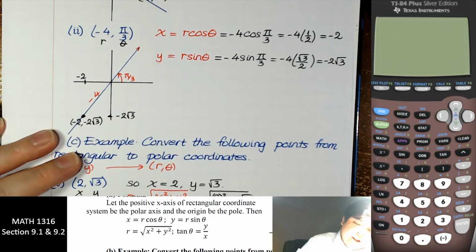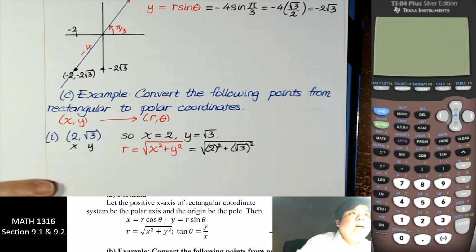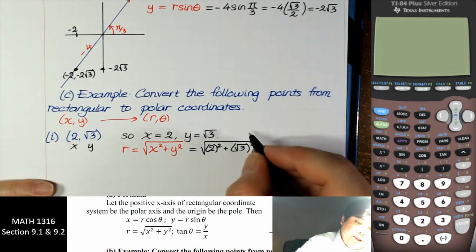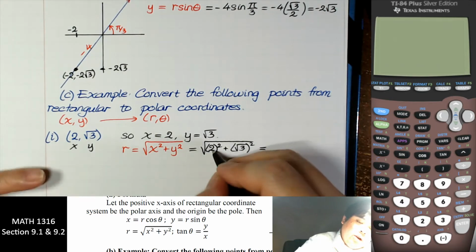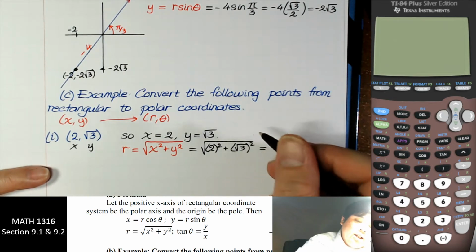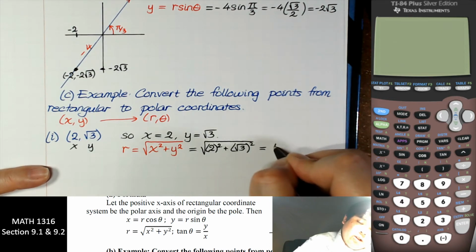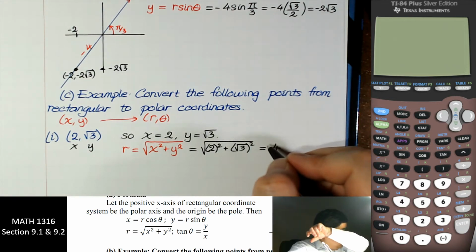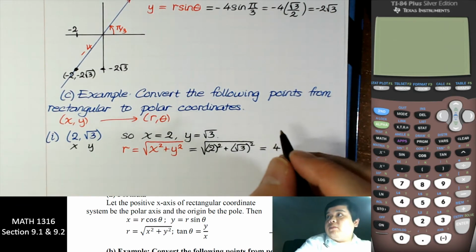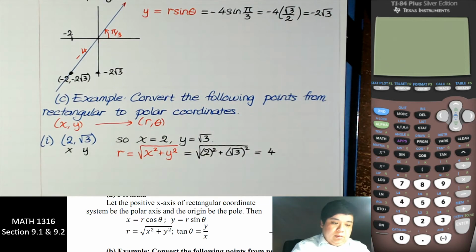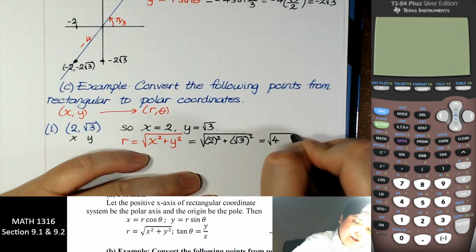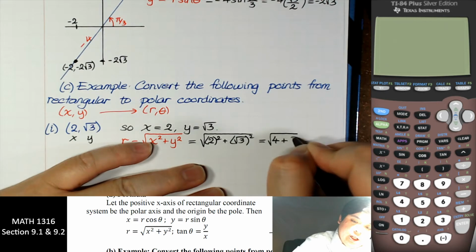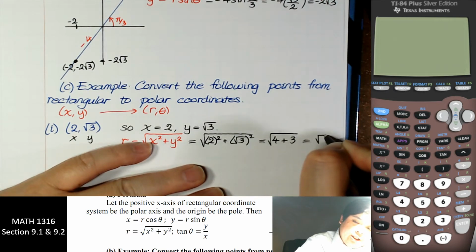Square root of 2 squared plus square root of 3 squared. Right. 2 squared is 4, and square root of 3 squared is 3, so we have square root of 7.